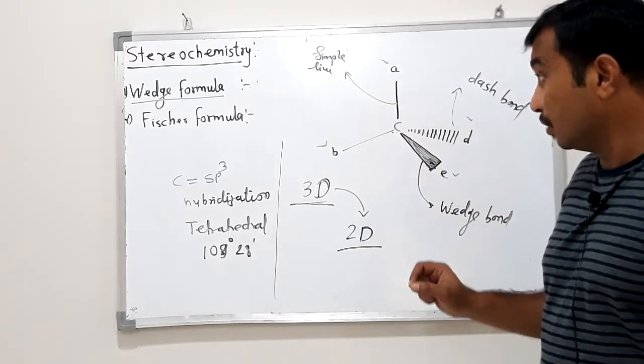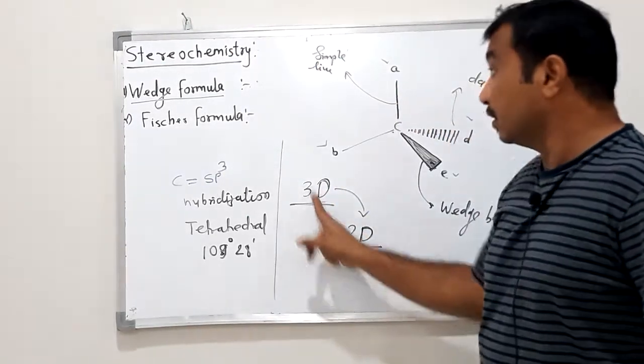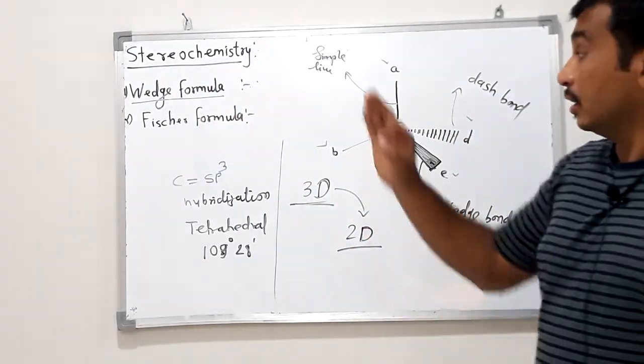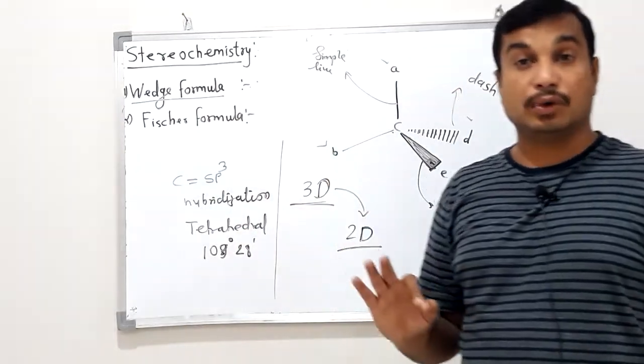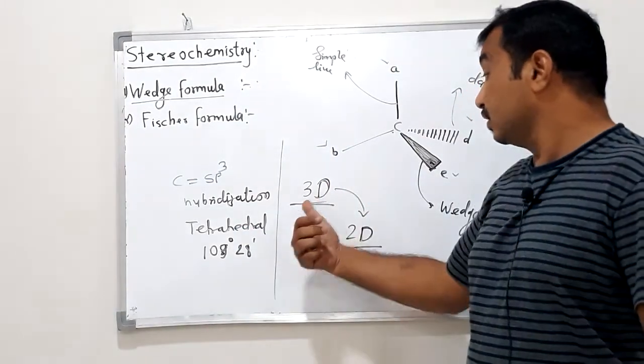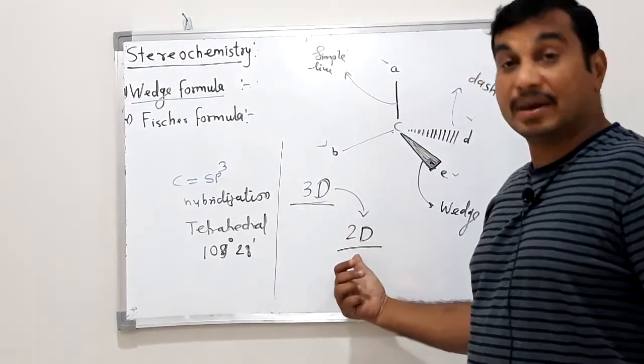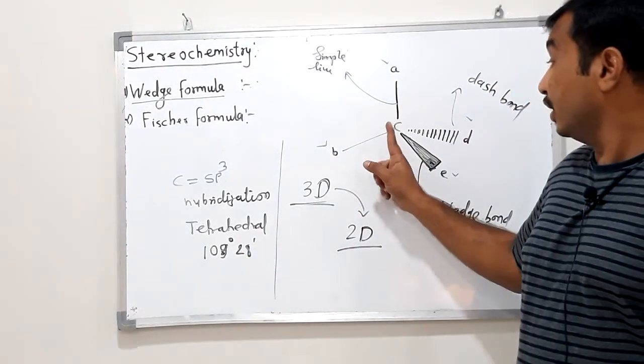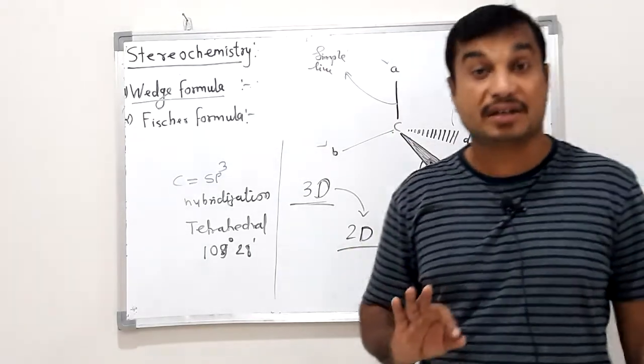But if we want to convert a three-dimensional structure, that is the wedge formula, into two-dimensional, we have to use the Fischer projection formula. And it is very simple to convert a three-dimensional structure into a planar structure.